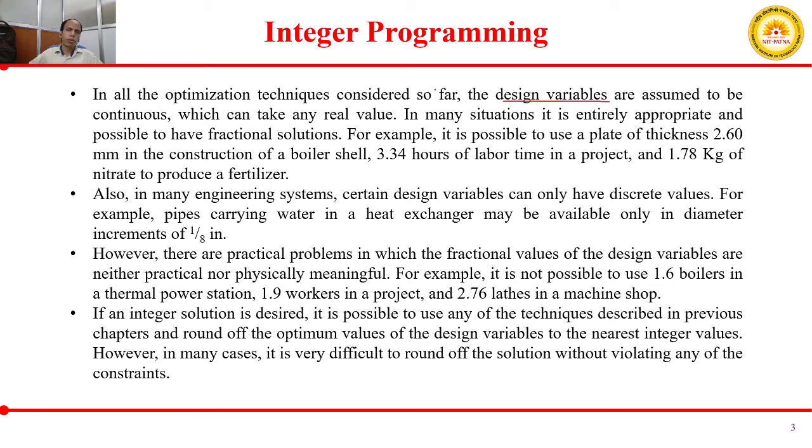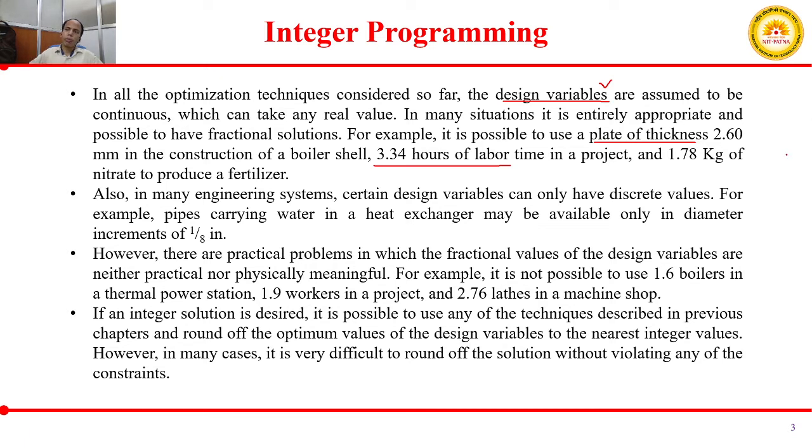Why? Because these are assumed to be continuous, and they may have fractional values also. Suppose, for example, the thickness of a plate may be 2.6 mm, 2.5 mm, or your labor hours may be 3.34, 3.35 hours. It may be 3 hours also, it may be 3.5.